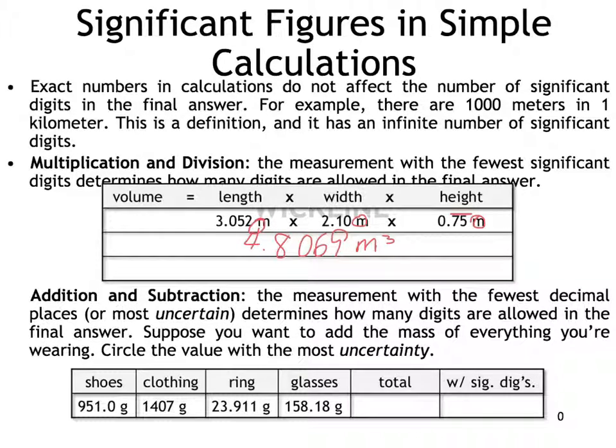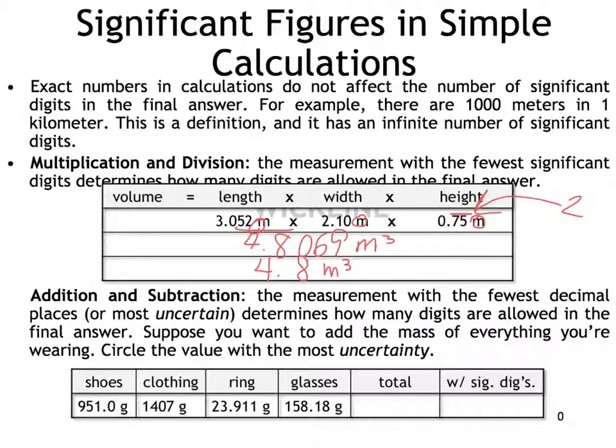There's my dimensional analysis. And remember, I said that my final answer can really only have 2 sig figs as per that value right there. So I'm going to get to keep the 4 and the 8, but no other digits. And I'm going to write 4.8 meters cubed. So that's how you do multiplication and division questions.